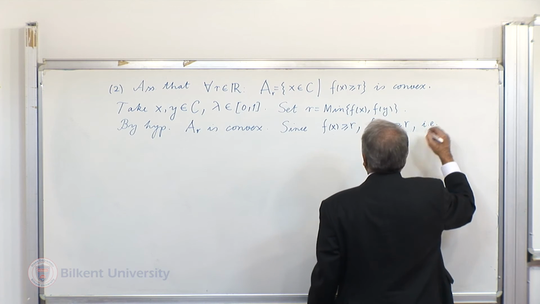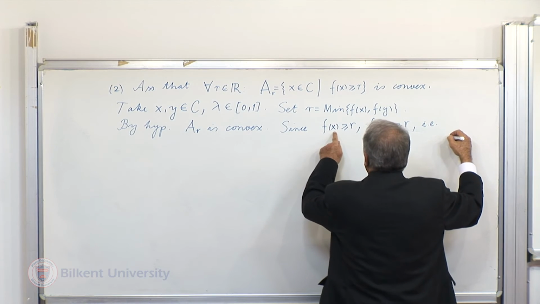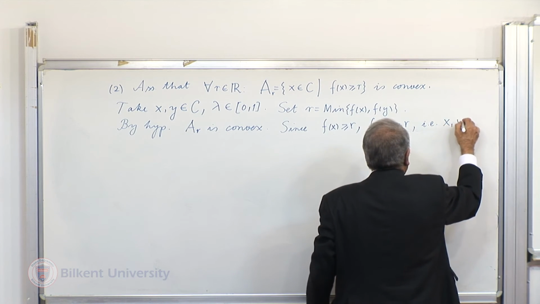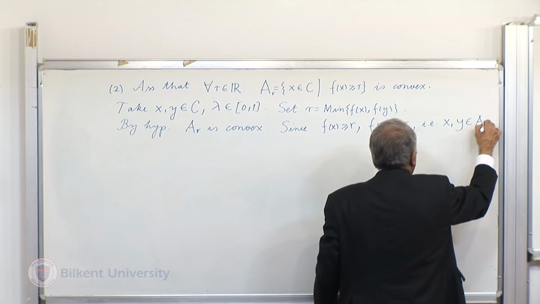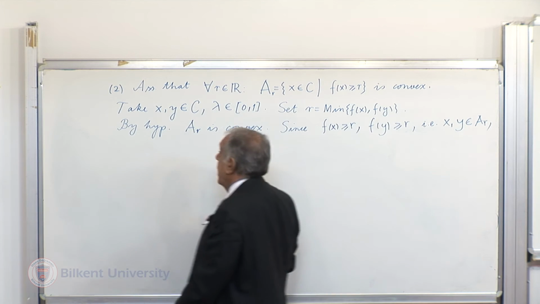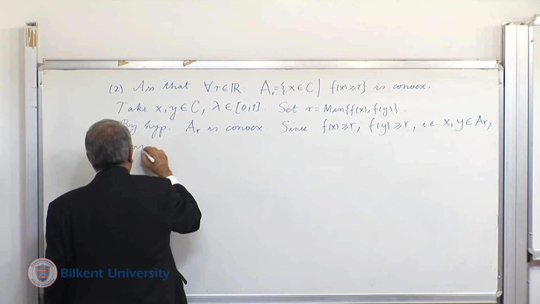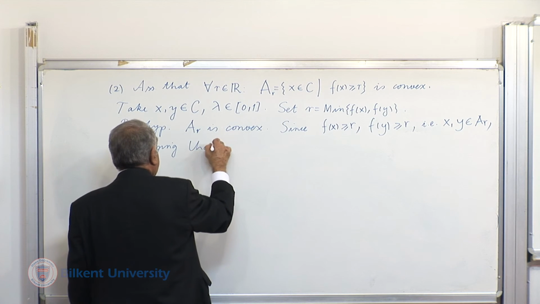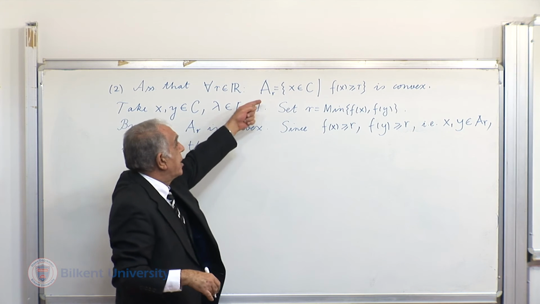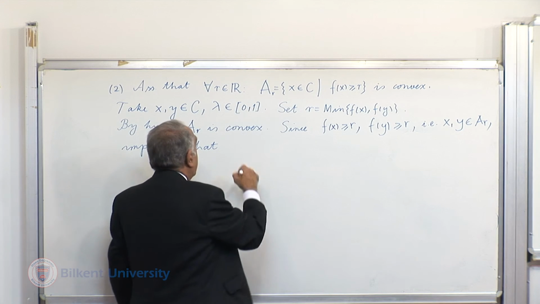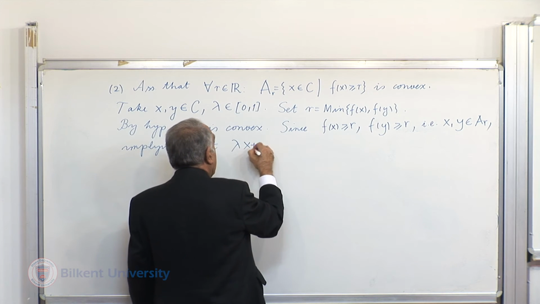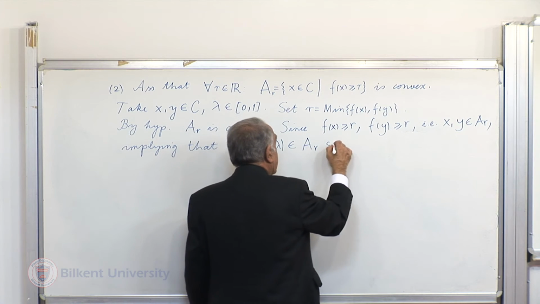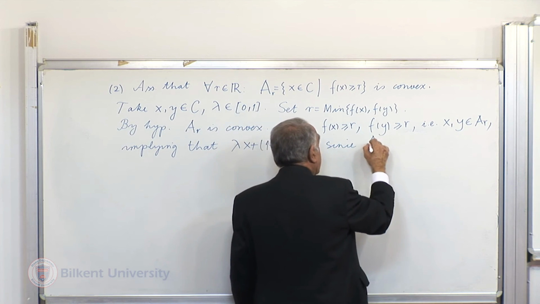That is, well, that means x is in A sub R, y is in A sub R as well. x, y in A sub R, implying that, what's our assumption about A sub R? It's convex. So lambda x plus 1 minus lambda y is in A sub R, since A sub R is convex.